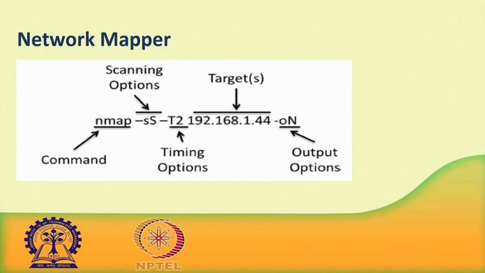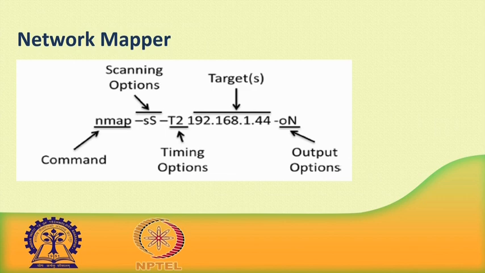The template names are paranoid, we use 0 for paranoid, sneaky we use 1, we use 2 for polite, we use 3 for normal, we use 4 for aggressive, and we use 5 for insane scan. The first two are for IDS evasion. Polite mode slows down the scan to use less bandwidth and target machine resources.